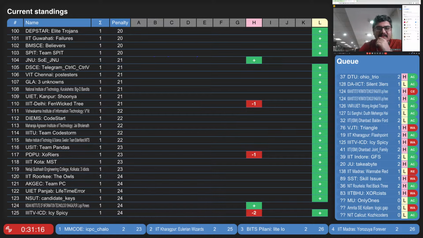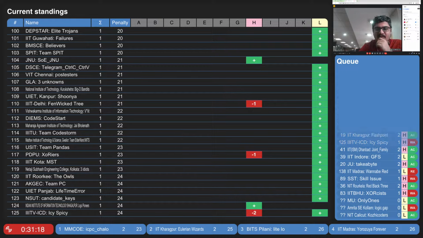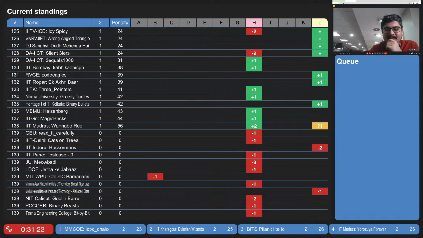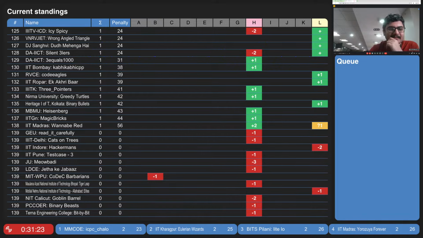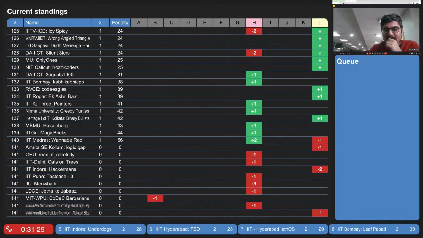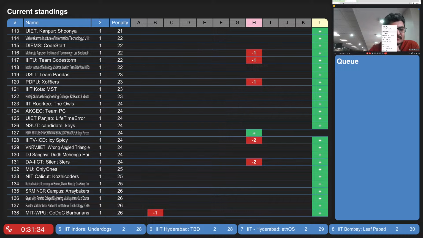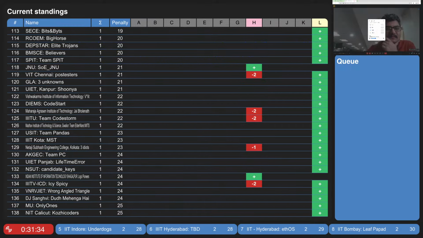They submitted an AC on Twinkle Twinkle Little Star. The second distinct solve on the problem Lego Blocks was by team Malana from IIT Patna. They did get a WA before because of an int overflow. And that's where we are.